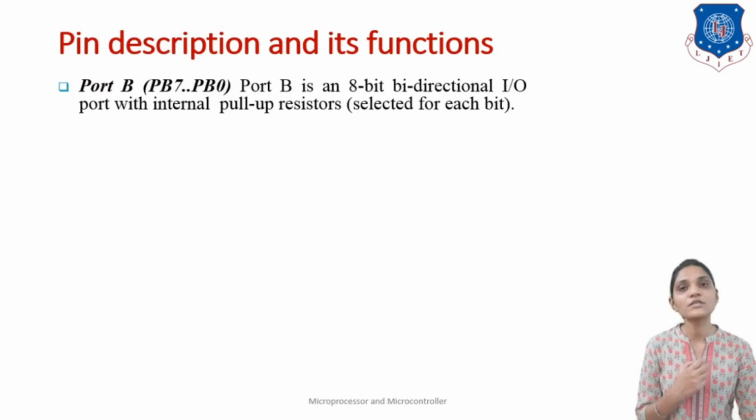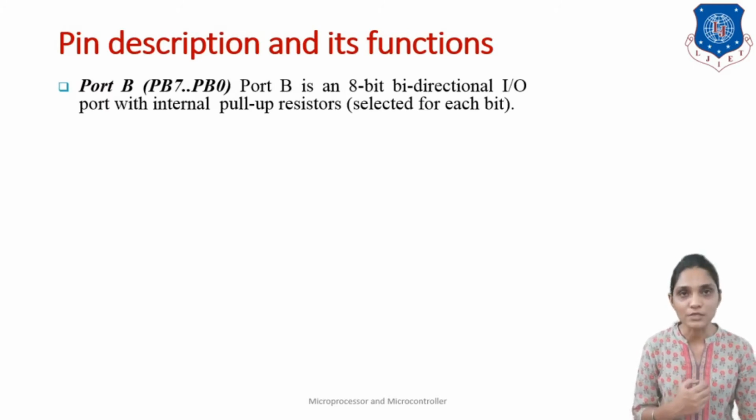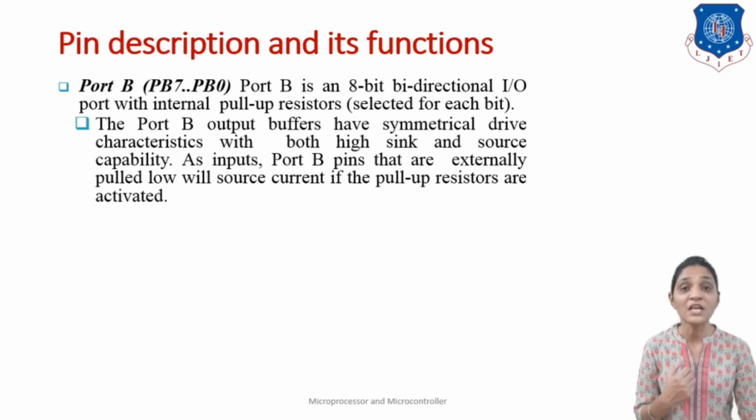Next we will see port B. In port B we have pins PB7 to PB0, and this is an 8-bit bidirectional IO port with the internal pull-up resistor that we discussed for port A. The same kind of structure is here. The port B output buffers have symmetrical drive characteristic with both high sink and source capability.